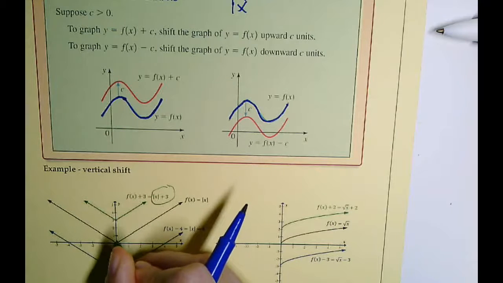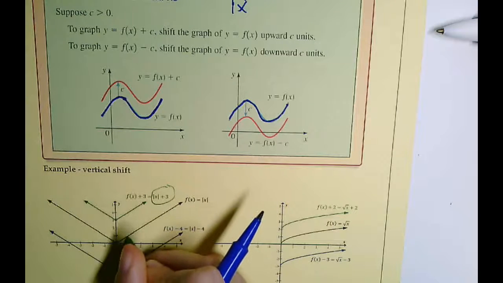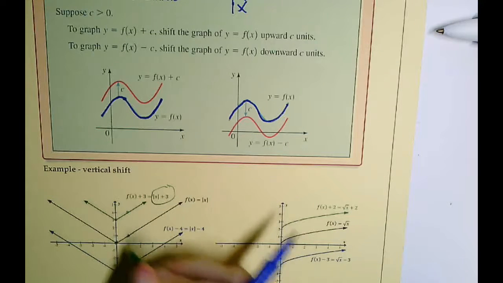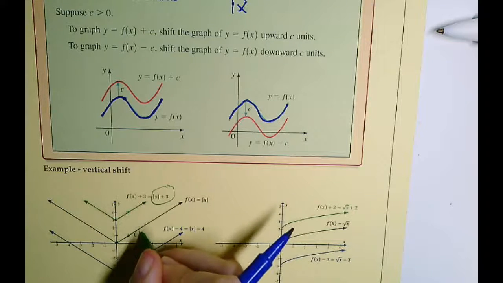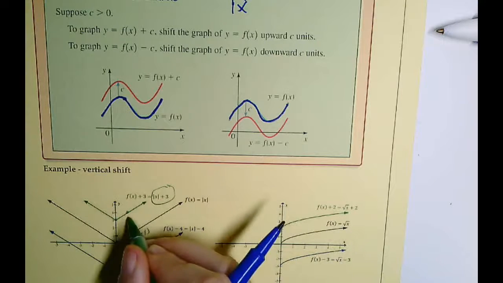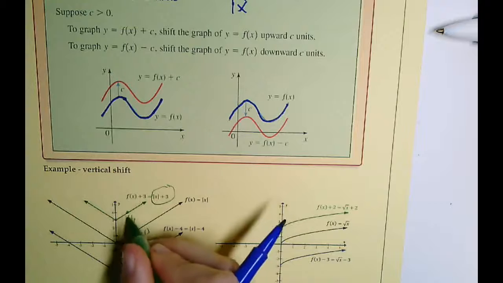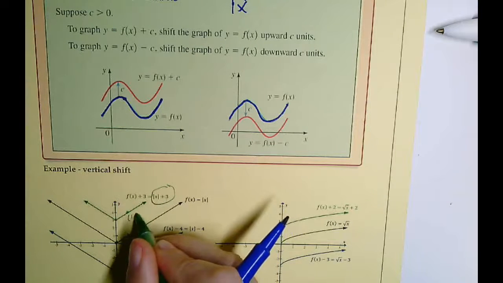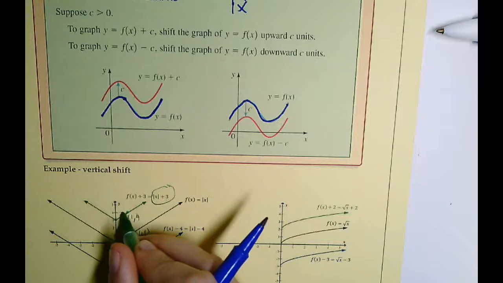So this moved 3 units up, and if you follow this point, it also moved 3 units up. Originally this point was (1, 1), and when you moved it up 3 units, the x stayed the same because you just moved it up, and you added 3 to the y value. So this will be the point (1, 4), which is exactly the case here.